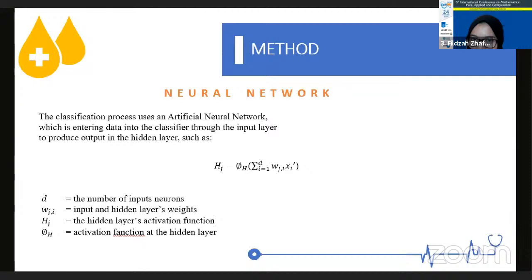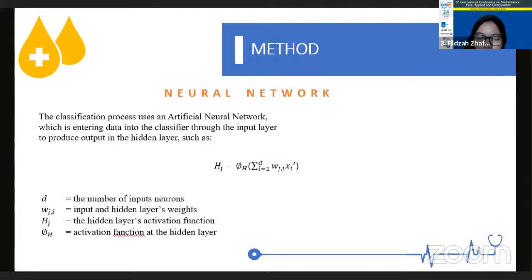A simple three-layer feed-forward network with well-established generalization properties is called a multi-layer perceptron. The classification process enters data into the classifier at the input layer to produce output in the hidden layer.